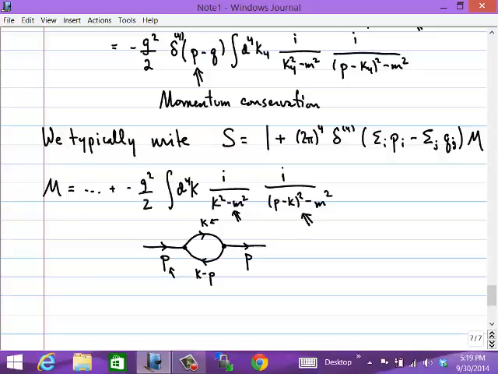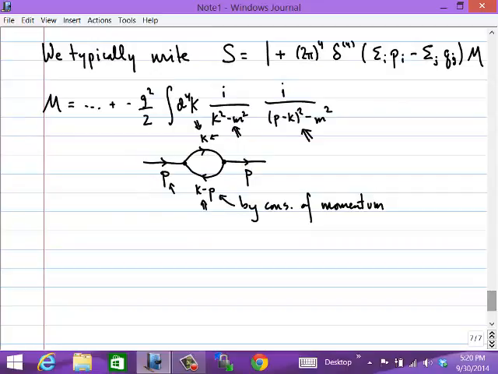And indeed, what I've done here is I've demanded that k minus p plus k has to be equal to p. Okay. So this is by conservation of momentum. Okay.